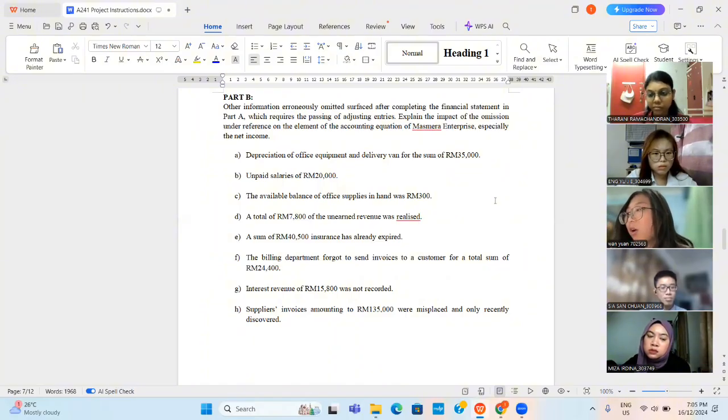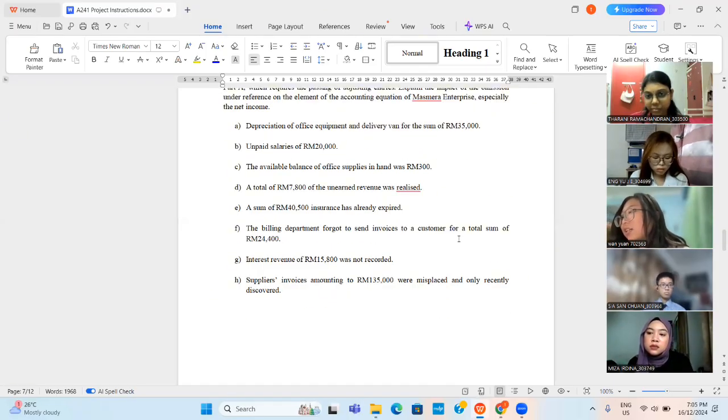And overall, the net income is impacted by a decrease of 3,500, 14,000, 135,000 and should add up the adjustments.